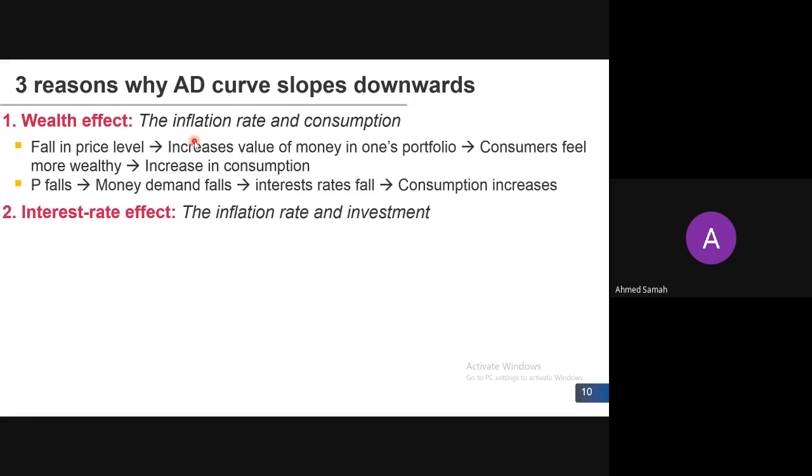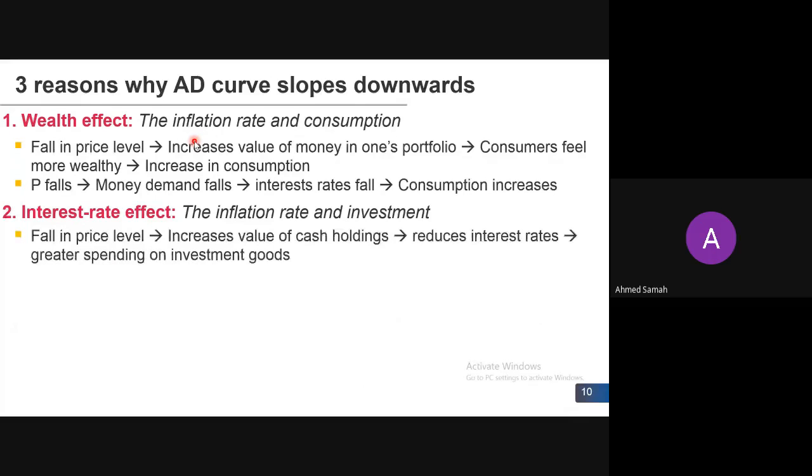The second type is the interest rate effect. It shows the relationship between the inflation rate and investments. So when there is a falling inflation rate, it will increase the value of cash holdings and thus reduce the interest rates. So there will be greater spending on investment goods.